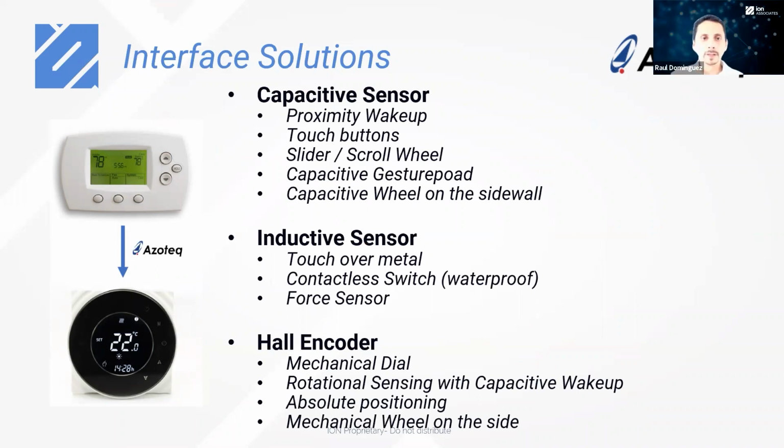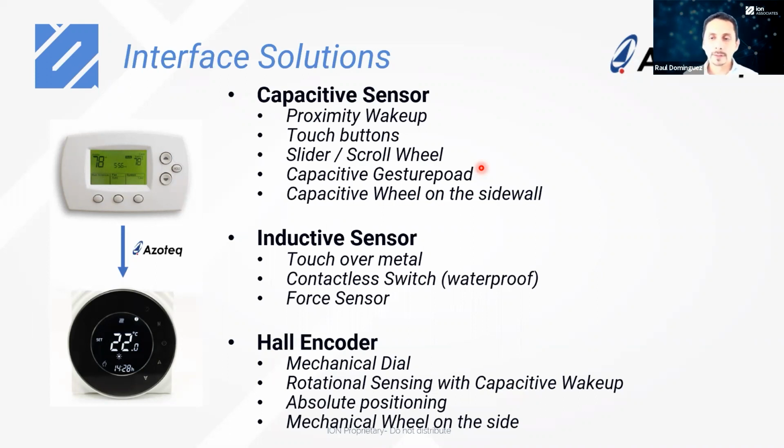Now we will see some interface solutions that we can offer. Here you can see the traditional thermostat, the old ones, with push buttons and tactile switches. Now with Azotec, we can help you go more high-end with capacitive sensors, inductive sensors, and Hall encoders.